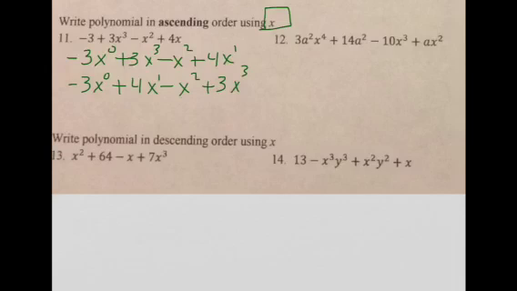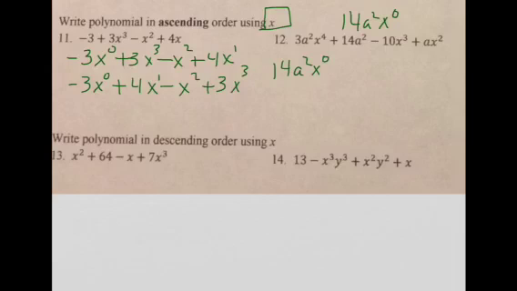The next one, we're going to make sure everybody has an x term. This 14a squared x to the 0 term is going to have to be changed. Now we're going to look at our smallest exponent of x. So it's going to be 14a squared x to the 0. Now we're going to look for x to the 1, which I don't have.